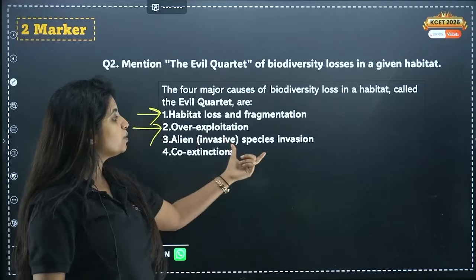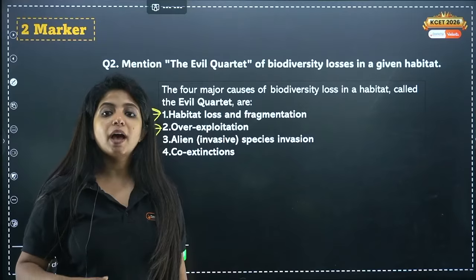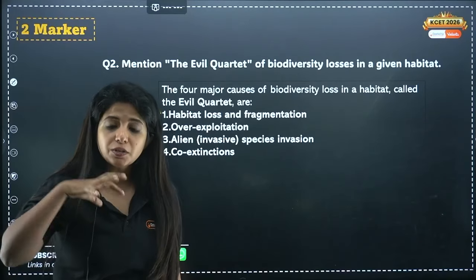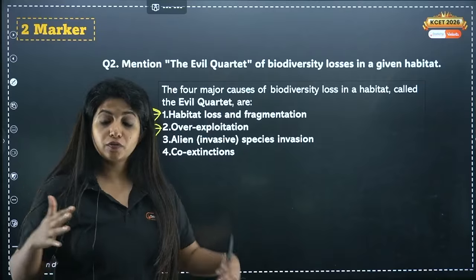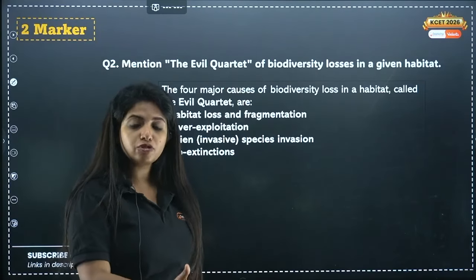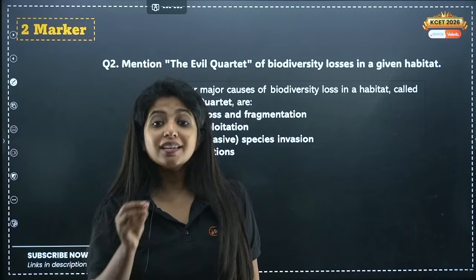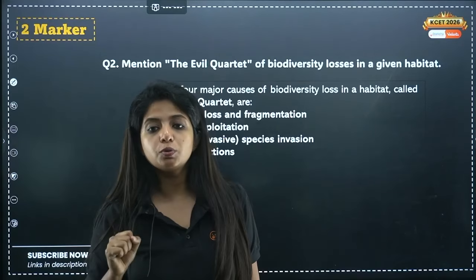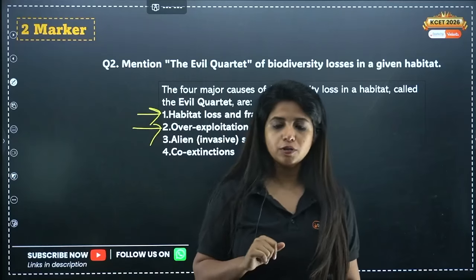Then we have alien species invasion, where we bring organisms from other areas, and it causes trouble to the indigenous species, the local species. For example, Nile perch is a very big fish which was introduced into Lake Victoria, my dear children, and the native cichlid fishes, the small fishes which were there, got extinct because of this Nile perch.